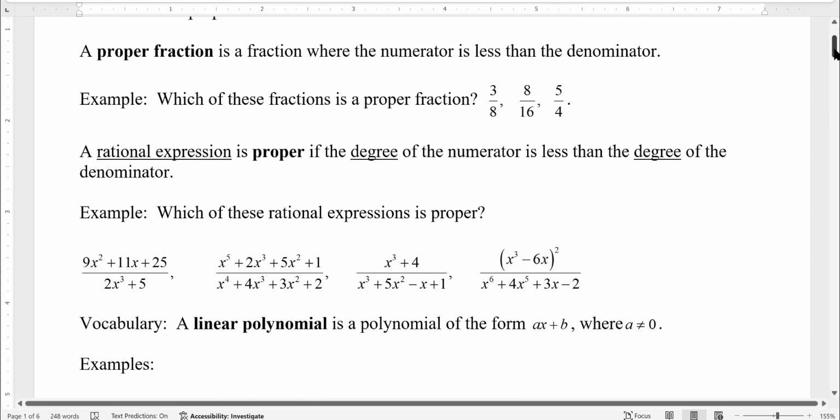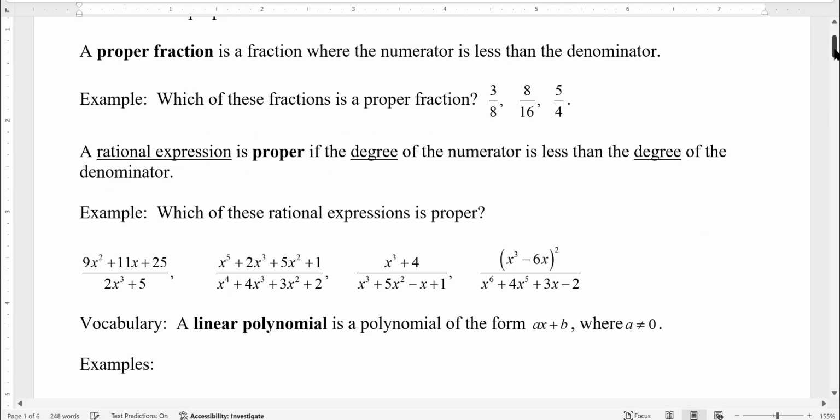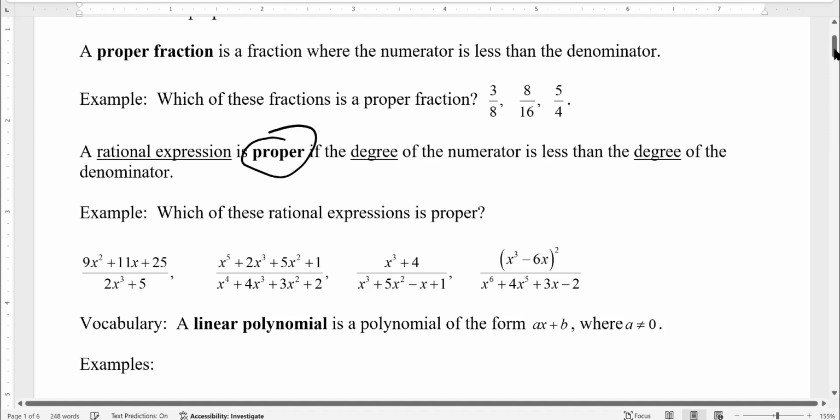Now, a fraction with variables is called a rational expression, and these are proper if the degree of the numerator is less than the degree of the denominator. So similar idea, you want the top to be less than the bottom, but for expressions with variables, it's proper if the degree of the top is less than the degree of the bottom.